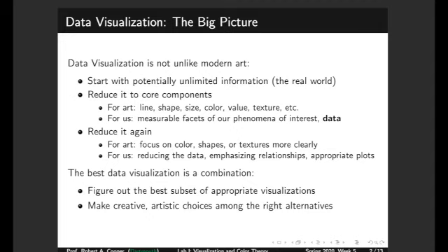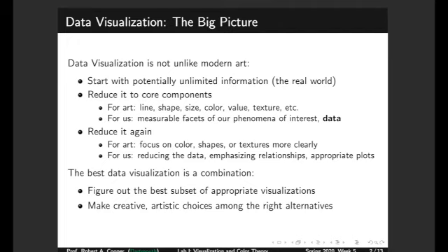And then for data visualization, what we're doing is we are further reducing it to line, shape, size, physical features on a plot that represent something that's way more complex than just line, shape, size, color, etc. Right? We're using data that have variation and then mapping those onto these simpler features that we can understand with our eyes to tell a story about what's going on in the world that's very complex.